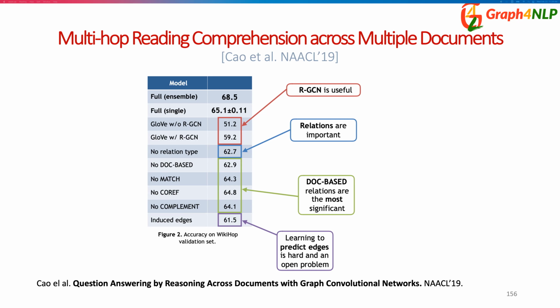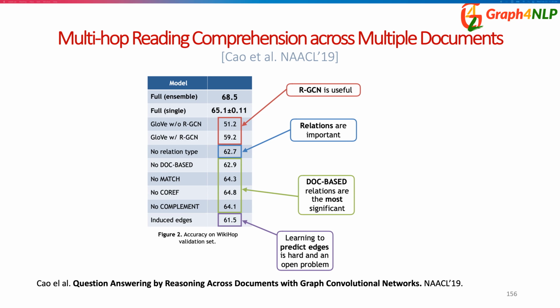And then you can also see the importance of different types of relations. So from the table, you can see, right, if we remove the document-based edge, then we're going to see a very significant drop. The other ones are less important.